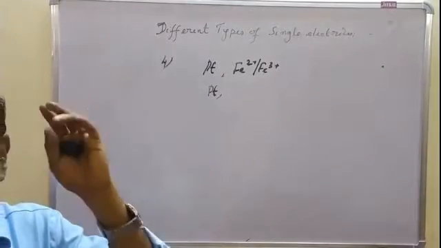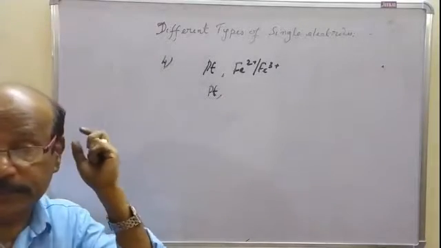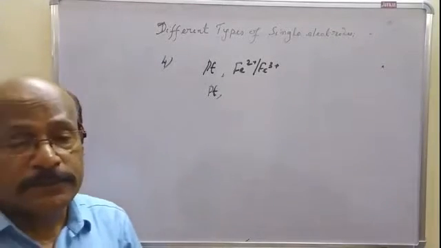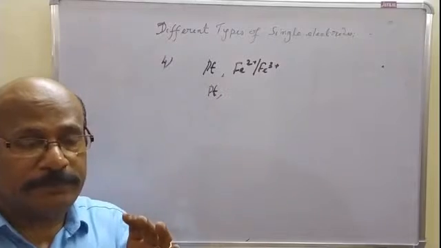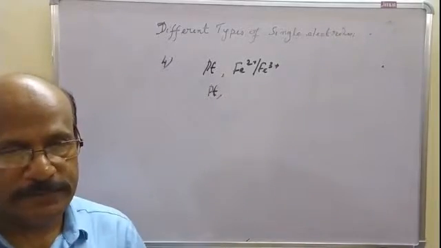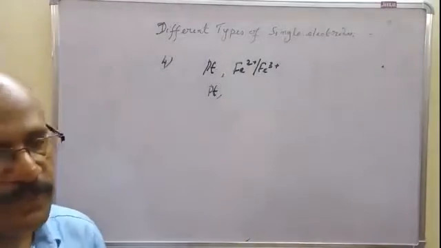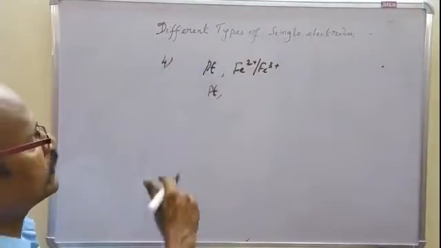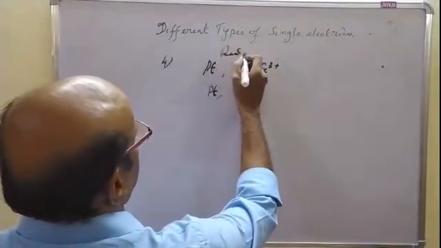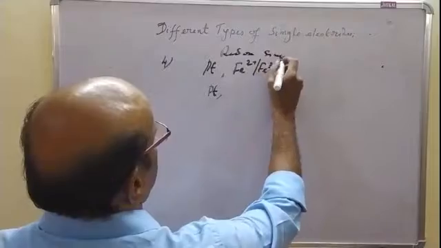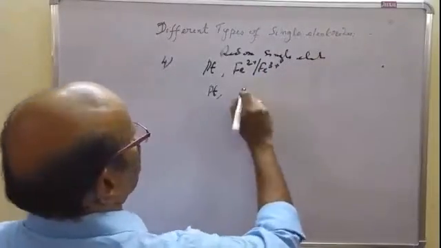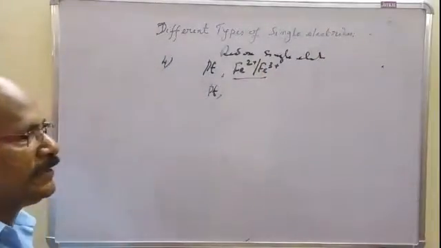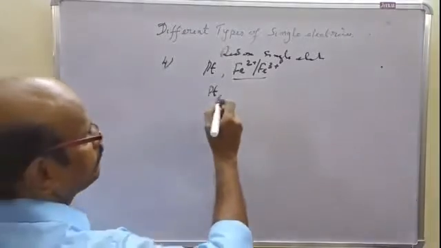So when an inert electrode like platinum is dipped into a salt solution of a given metal of two different valencies, it constitutes a redox single electrode. Ferrous and ferric are in contact, in which a platinum electrode is dipped.